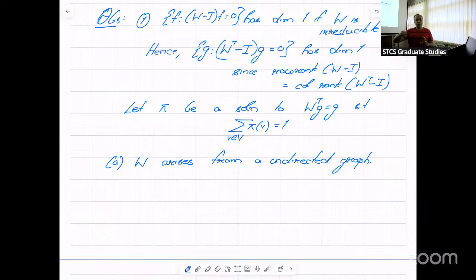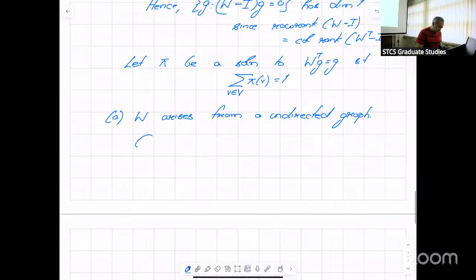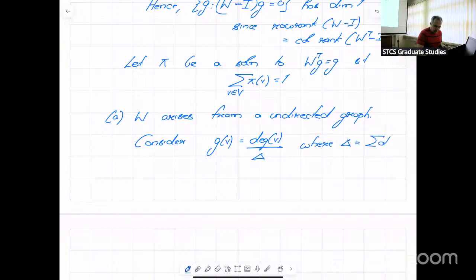So that you take the degrees of the vertices. So let's consider pi of v to be degree of v divided by delta, where delta is the sum of the degrees.